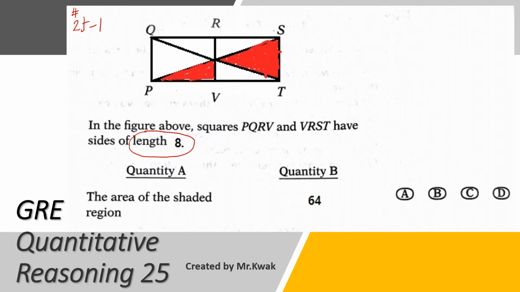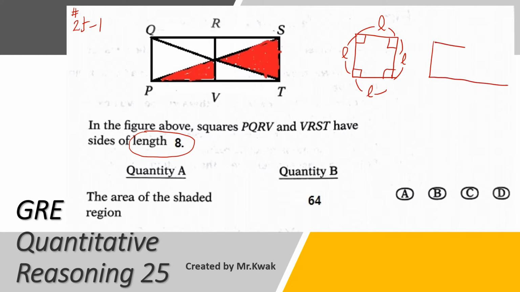The square means, like this way, even though they had 4 90-degree sides, they have the same size. That was a square, and if it has different lengths of sides, in that case, we call it a rectangle. One more time as a review.